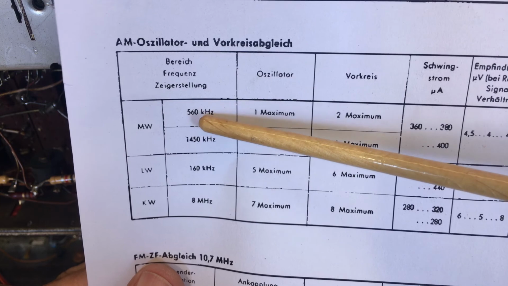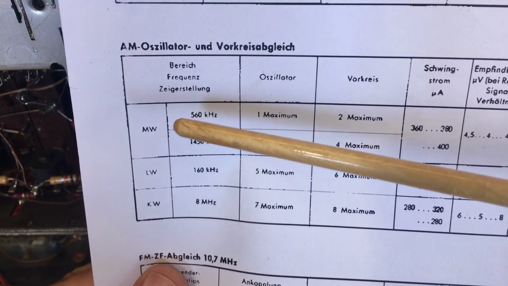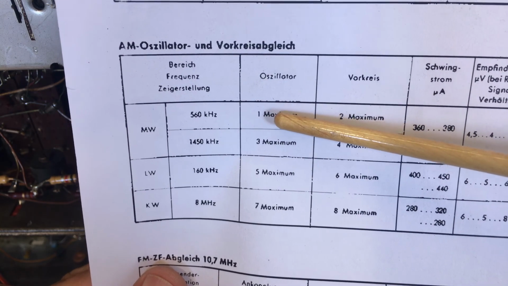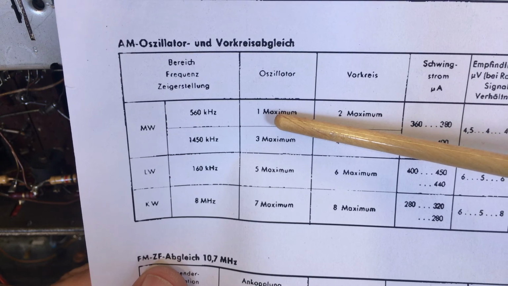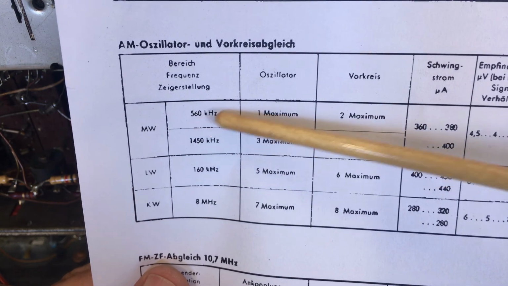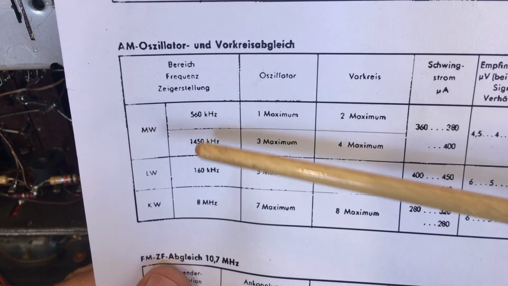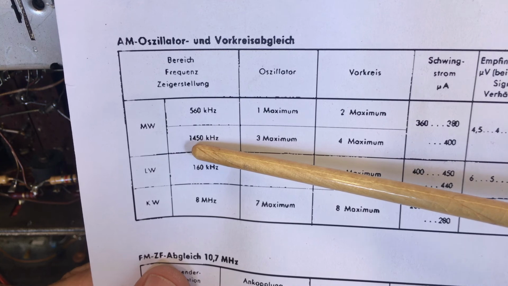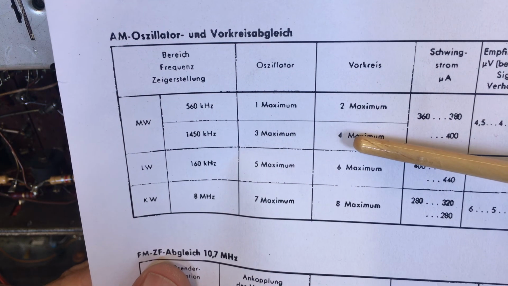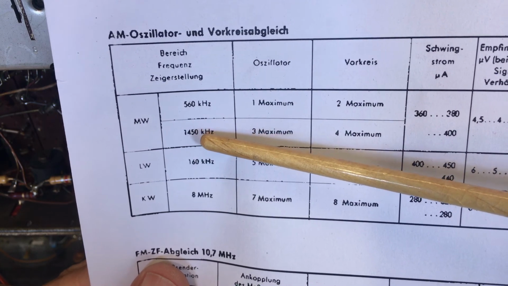What this means is you have to set the dial to 560 kilohertz and adjust 1 and 2 so that the maximum audio signal you're going to hear is at the 560 kilohertz point on the dial. Now that's the lower end. You then change the frequency to 1450 kilohertz, and you adjust 3 and 4 to give you a maximum when your pointer is at 1450.